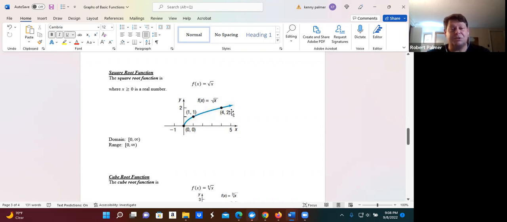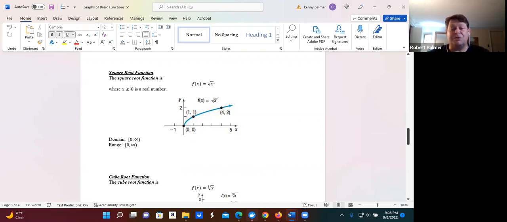The square root of 4 is 2. But we can't take the square root of negative numbers. So our domain has to start at 0, because the square root of 0 is 0, and then it can take on any positive number. For the same reason, since we can only take the square roots of 0 and positive numbers, our range is also the same, 0 to infinity. Our output can be 0 or any positive number.